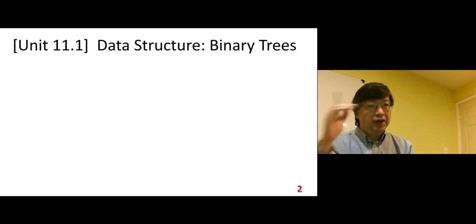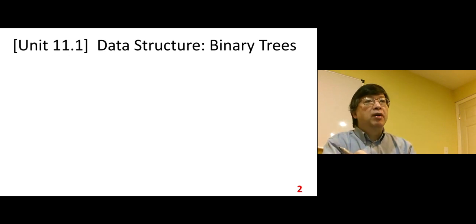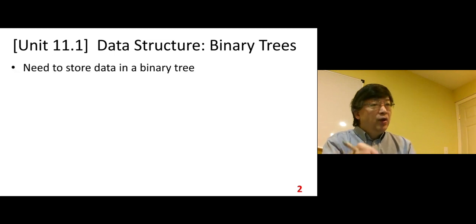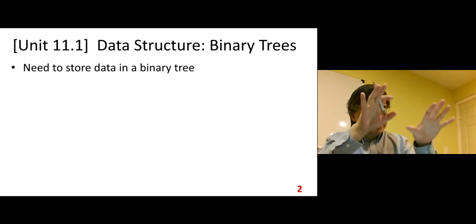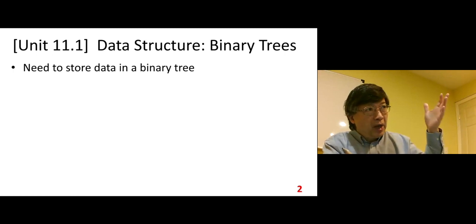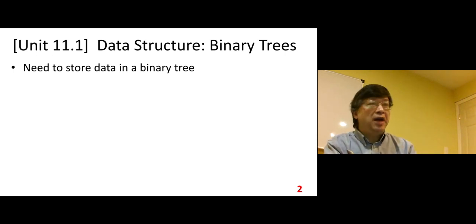First, let's just go through the simple basic properties of binary trees. We need to store data in a binary tree, so we organize our data in a nice structure. Then when we do data processing, some of the operations can be very fast.